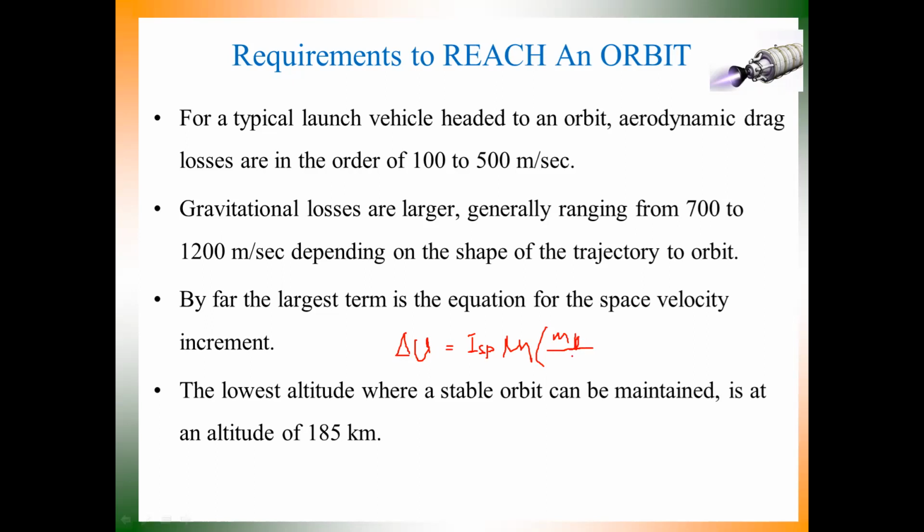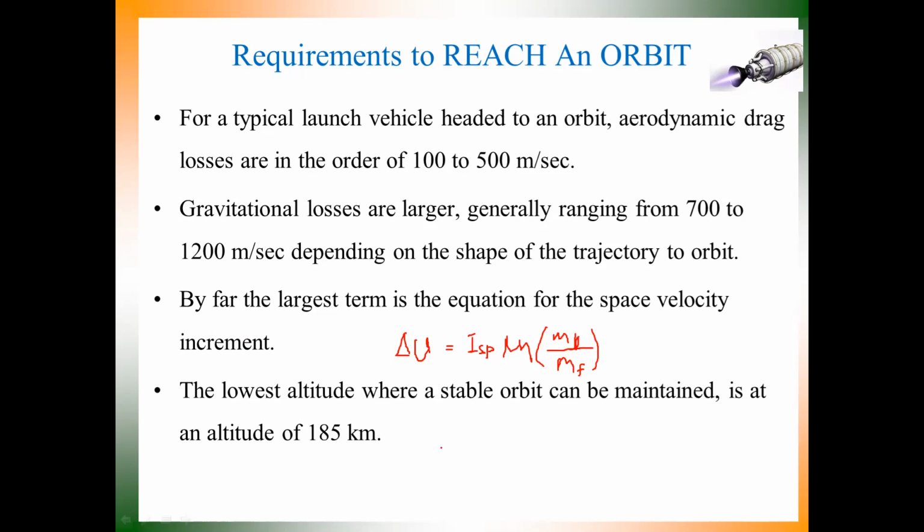Why? Because m initial is greater than m final. This m naught is the initial overall mass including the propellant, and m final is the final mass. After burning some amount of mass, what we have left is m final. So we can relate it.